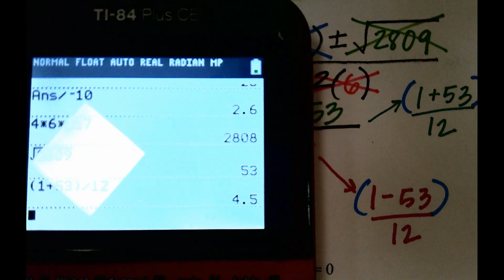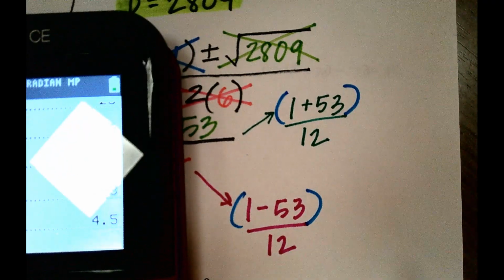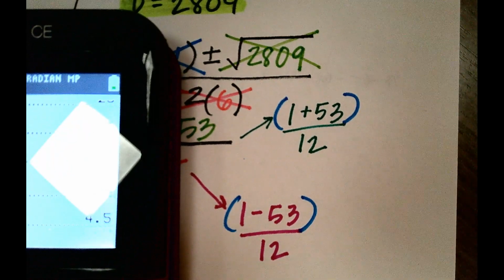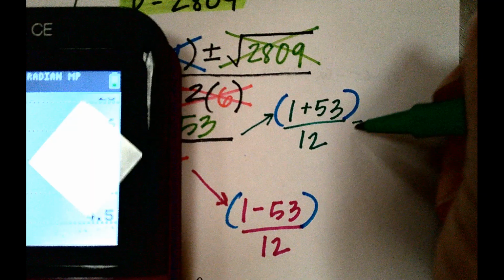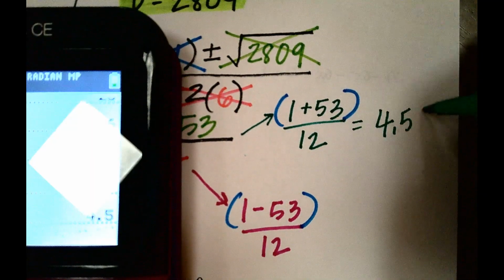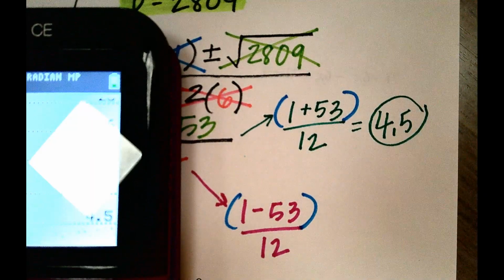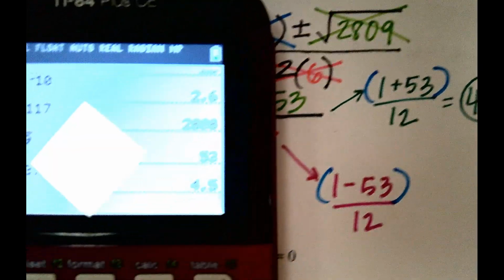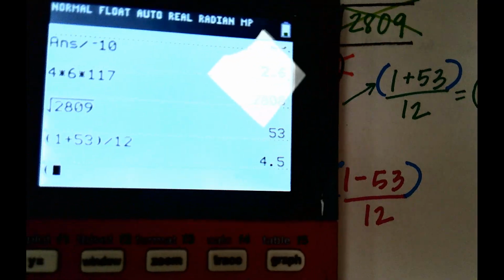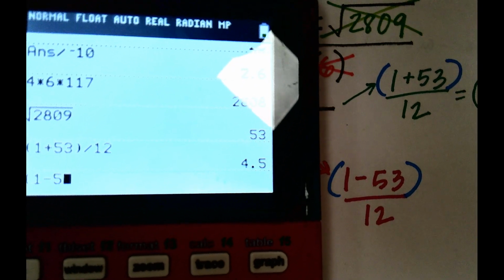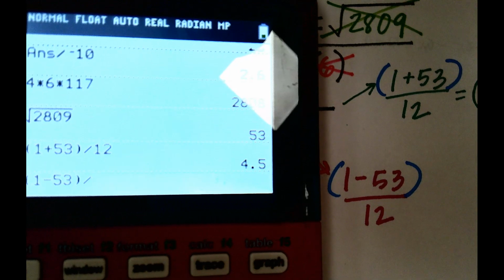I got 4.5. Tell me if anybody gets a different number. That's right. 4.5. And then the second one will be -4.3. So I'll type that in, just to double check: 1 minus 53, parentheses, divided by 12.